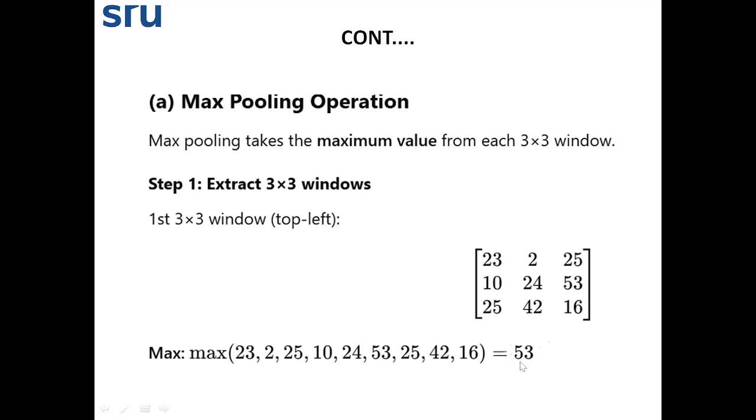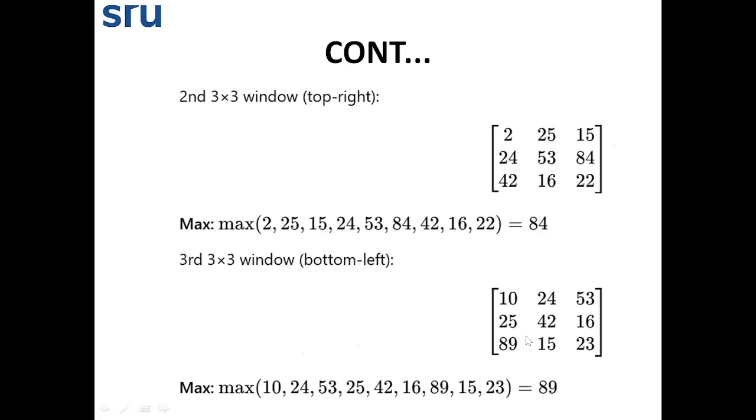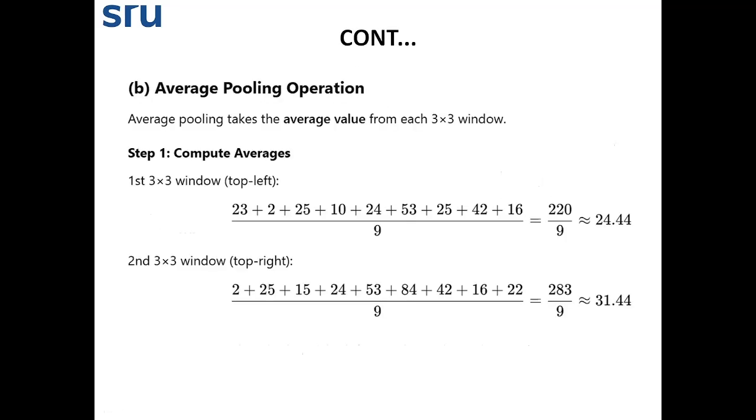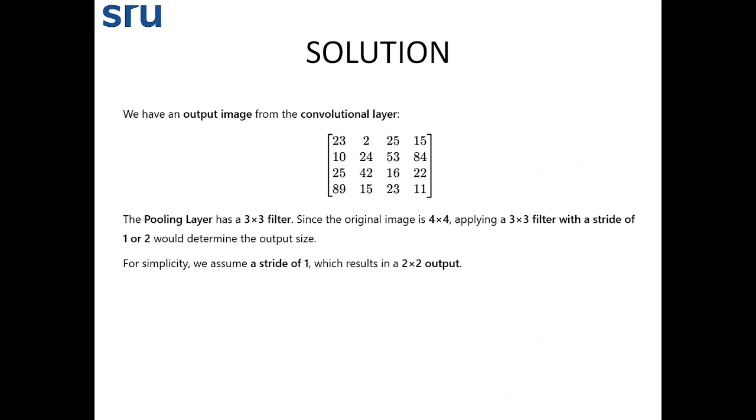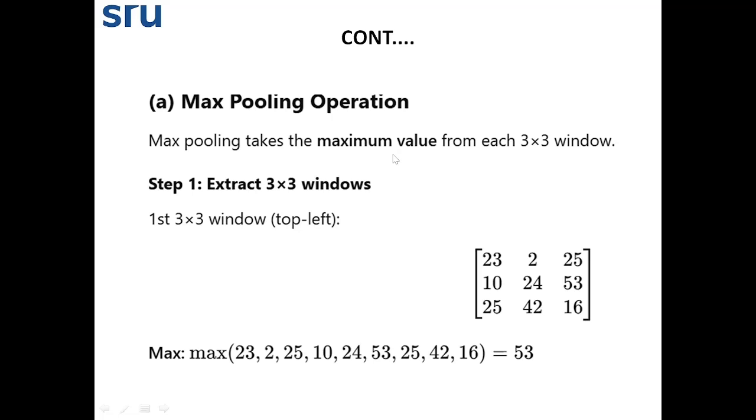This is called the maximum element. First we take the top left 3 cross 3: 3 columns and 3 rows. This is the top left, this part. Then we take the maximum element, and here we get 53.